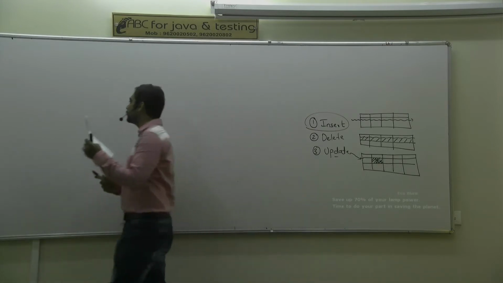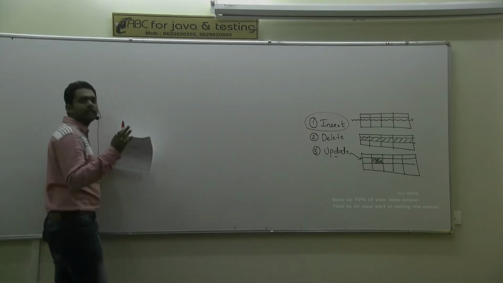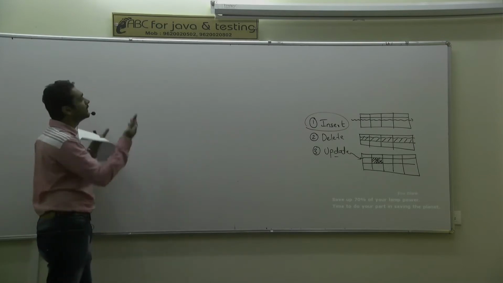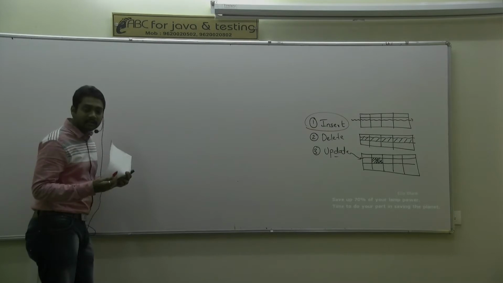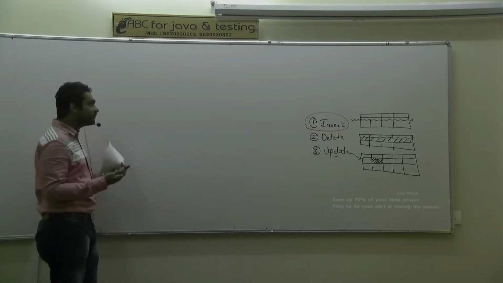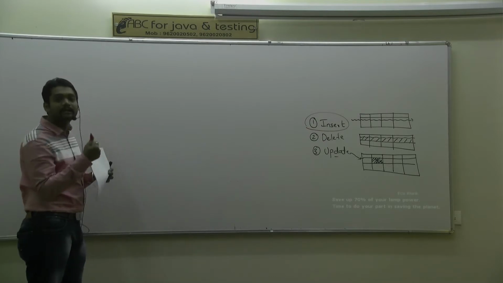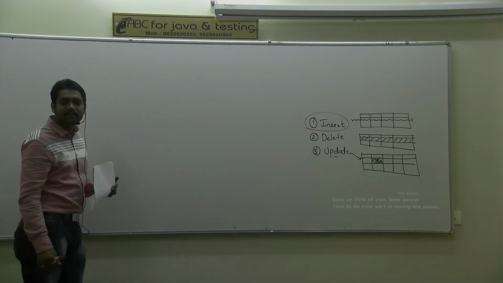Very simple, concentrate. Tell me, am I creating something? No, then why will I tell create database? Am I inserting something into table? So for database I will not tell insert. What am I doing? I am deleting. The same thing I should tell for database management software.